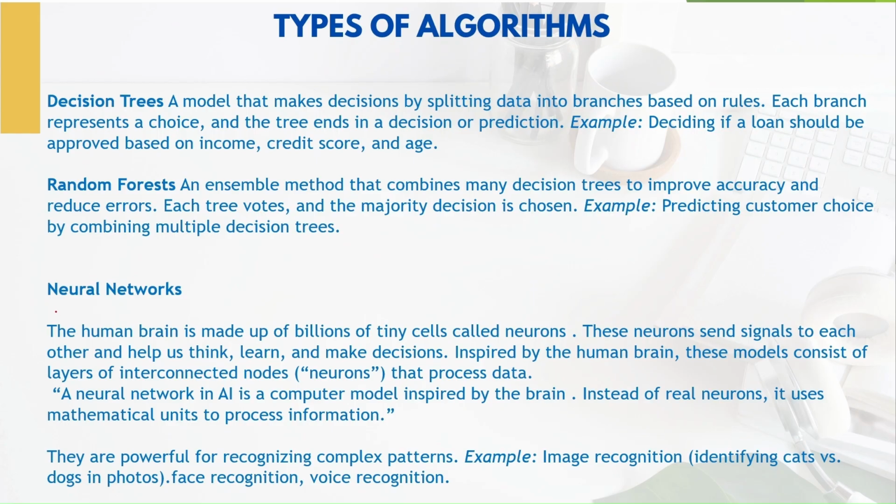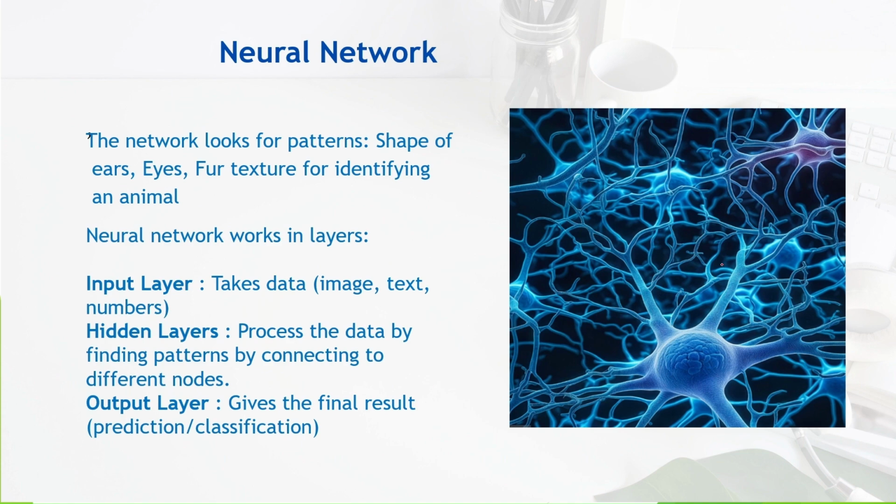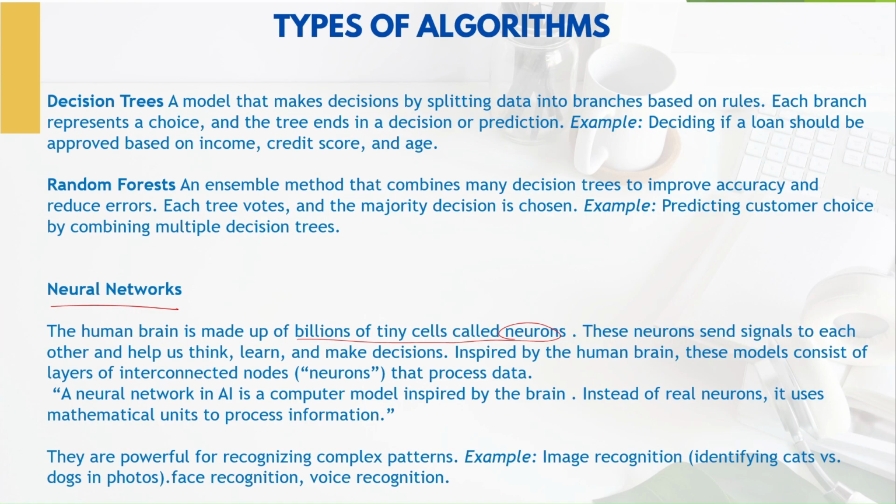Next is neural network. Neural network algorithm is inspired by human brains. Our brain is made up of billions of tiny cells called neurons, right? So this is the image of our brain which I have taken from the internet. Every neuron is connected to each and every neuron inside our brain. And that is the reason we are able to think, learn, and make decisions.